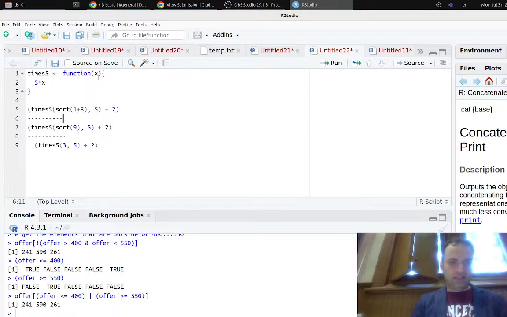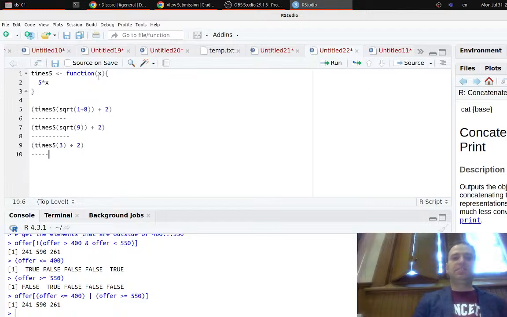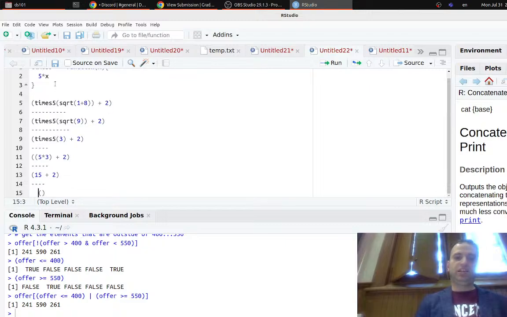And then I meant times 5 like this. So now times 5 and 3, we substitute in. So this would be 5 times 3 plus 2, right? Because we substitute 3 for x. And now that's going to be 15 plus 2, and that's going to be 17, and we're done.